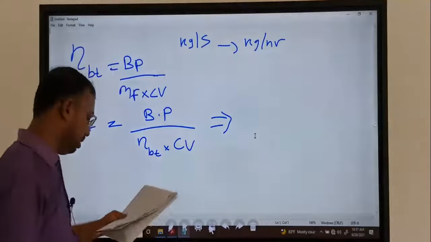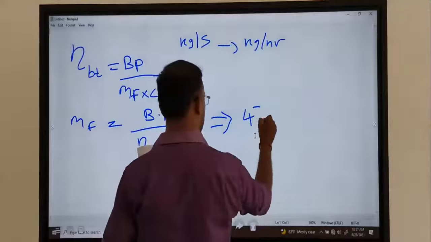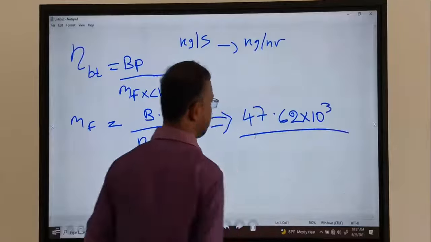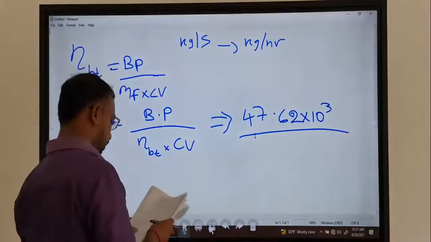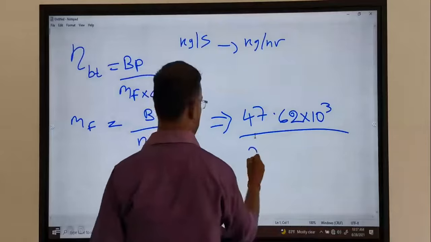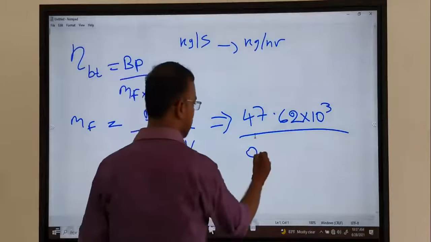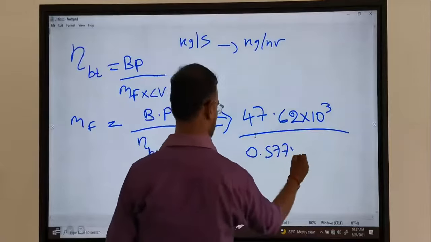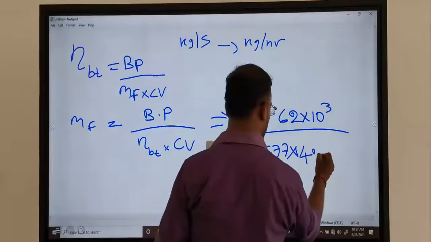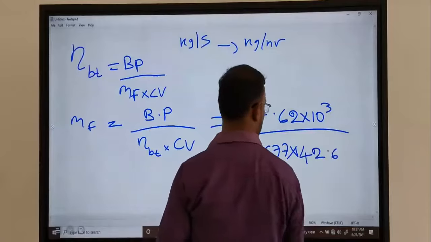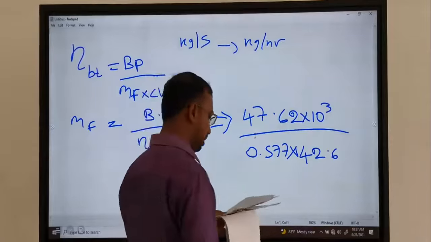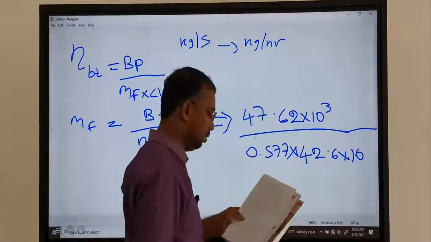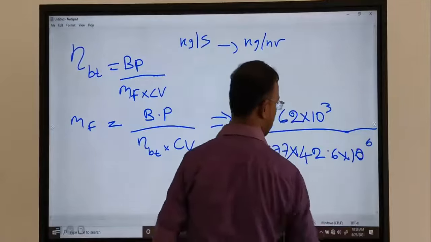Now we apply brake power 47.62 times 10 to the power 3 for watts. The thermal efficiency is 57.7 percent, so we put 0.577, into the calorific value we already know, 42.6 megajoule per kilogram. Because of the megajoule, we apply joules here, so 10 to the power 6.